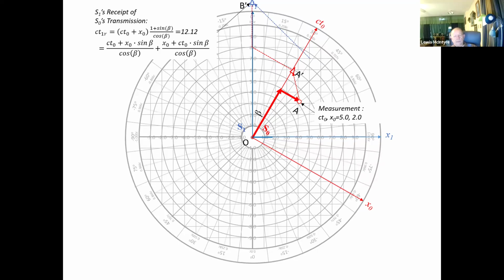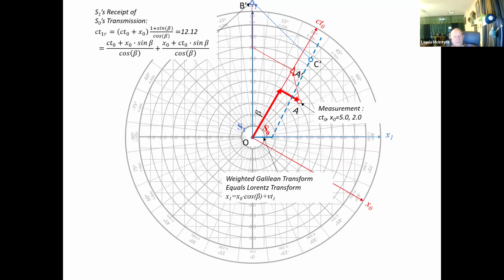This indicates that it is simultaneous with light from the Lorentz transform of CT0 and X0. But where is that measurement? That measurement is on the weighted Galilean transform at C prime.